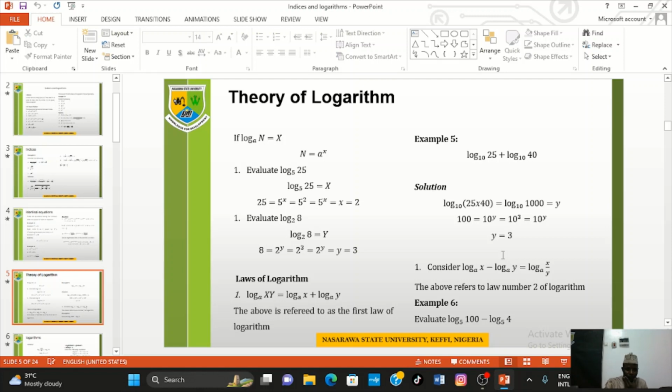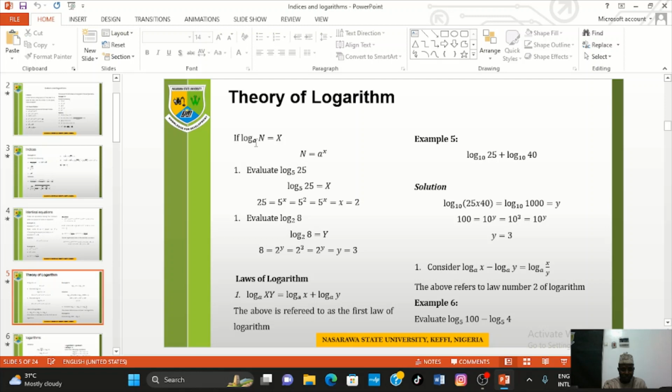So at this point now, we continue with the theory of logarithm. We know logarithm and indices work hand in hand. So we're still going to have that idea of the law of indices, and we apply it to this logarithm. Now, if log n to the base a equals x, this can be transformed to n equals a raised to the power of x.